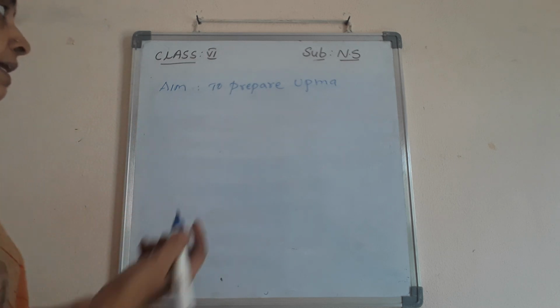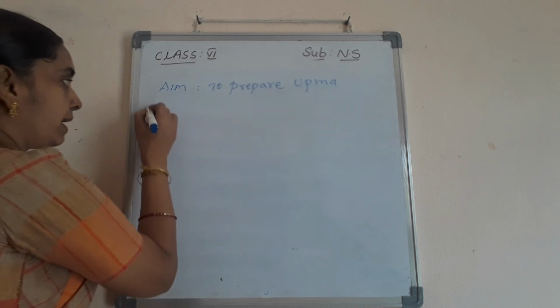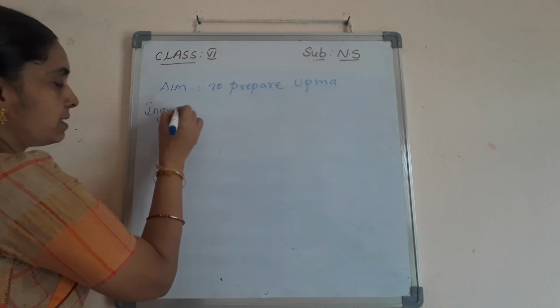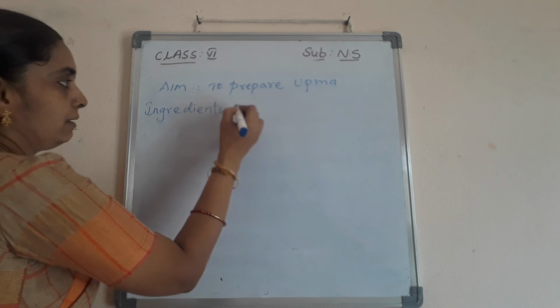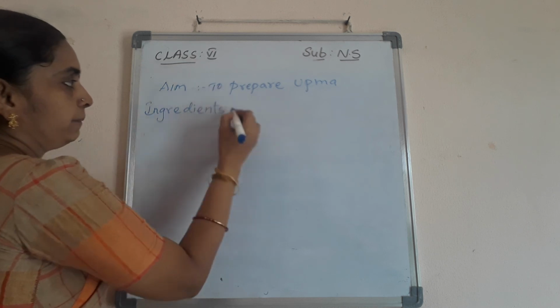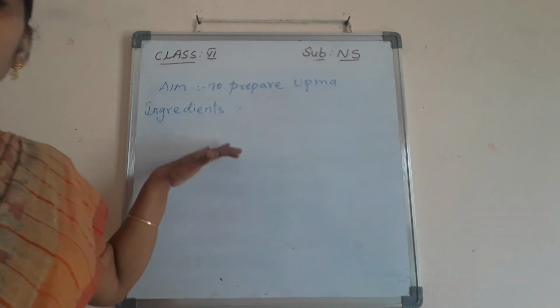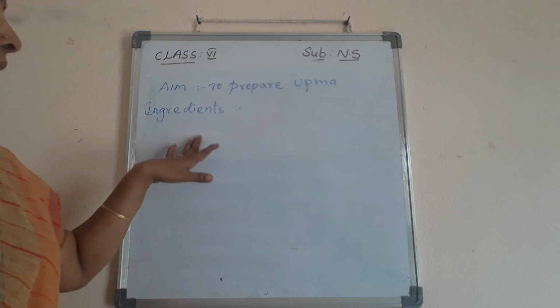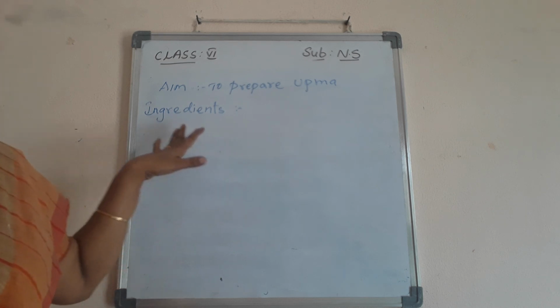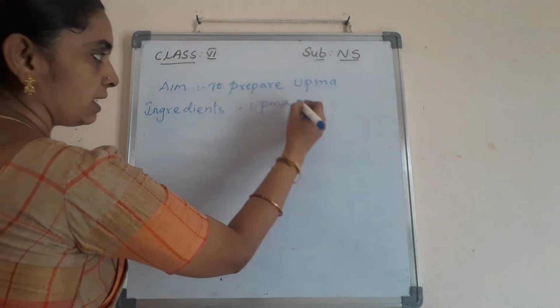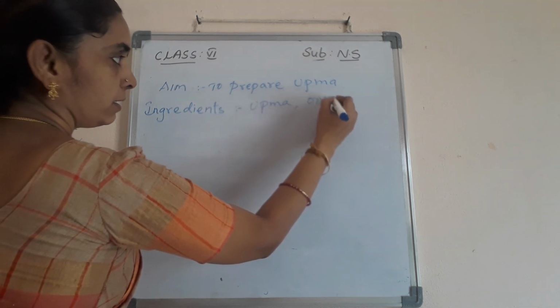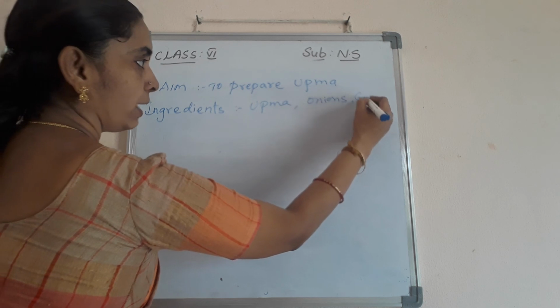The ingredients required to prepare the upma are upma rava, onions, green chilies.